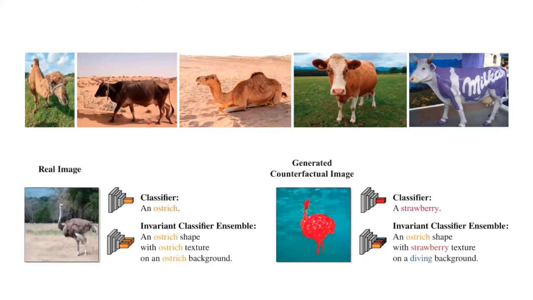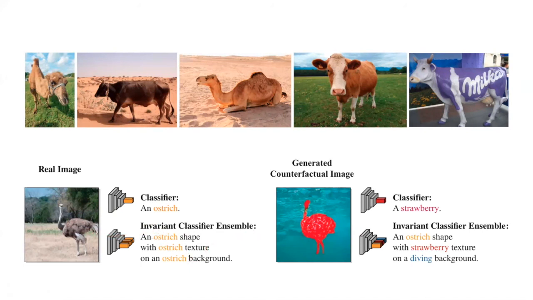In a nutshell, the motivation of our work is this: if we have a real image like this ostrich, a normal classifier would tell us that's an ostrich. But what we would like to have is a classifier with different heads that classifies different factors of variation in this image: ostrich shape, texture, and background.